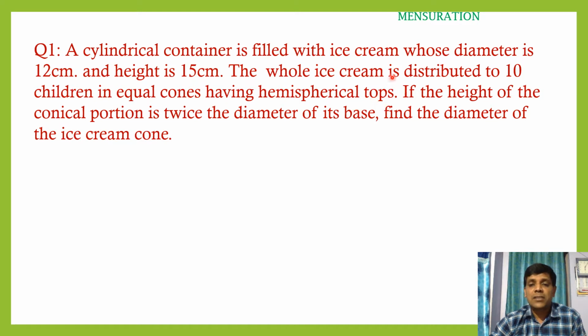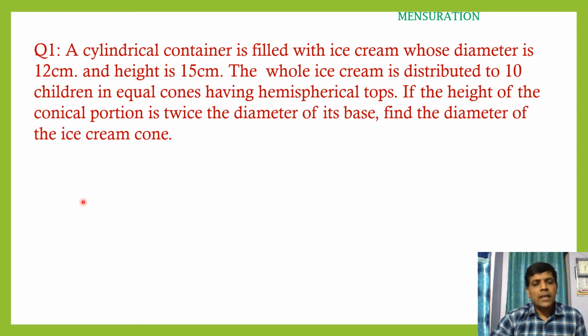It's the other concept, cone and hemisphere. The cylinder contains ice cream, and the ice cream is shaped into cones and hemispherical shapes. The height of the conical portion is twice the diameter of its base. Find the diameter of the ice cream cone. This is the given question.